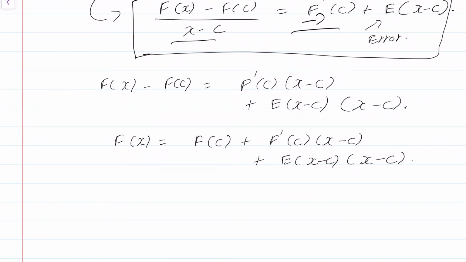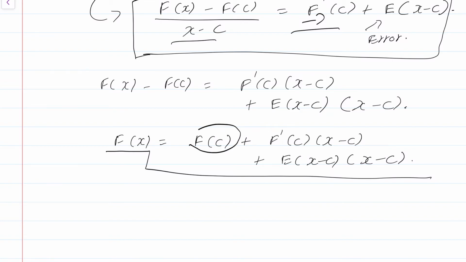What has happened is we have got an expression for f of x. f of x is just the value at c plus this f prime of c into x minus c, which is certainly going to be linear. This part is linear, right?